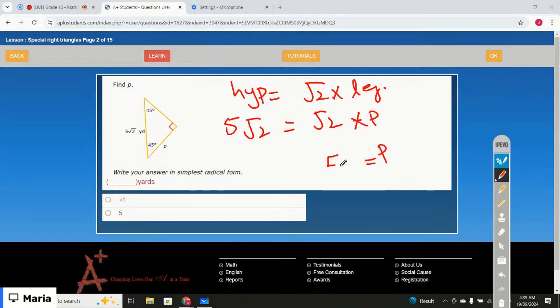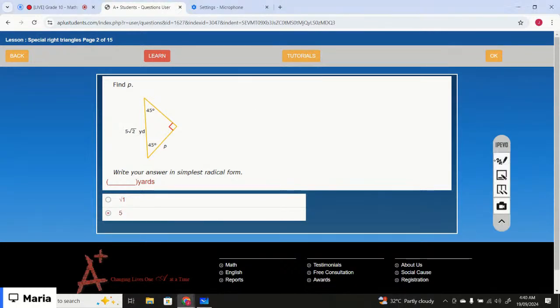So p equals 5. The correct option is p equals 5. Option number 2 is the correct option.